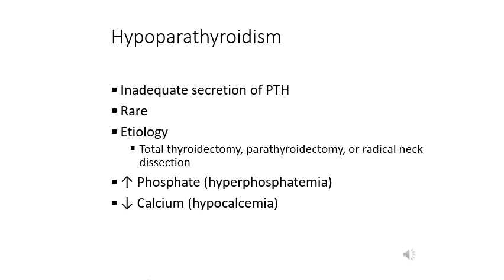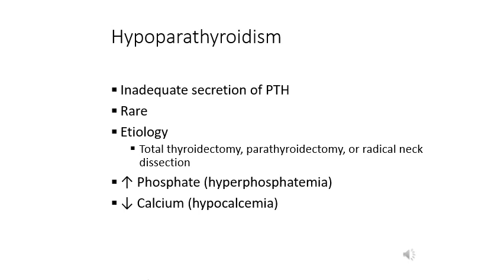So automatically with hypoparathyroidism, hopefully you can see that there's going to be a low calcium, hypocalcemia, and therefore hyperphosphatemia. Those are the two big things with hypoparathyroidism. But if you know what the parathyroid hormone does, then you can learn, rather than try to memorize, that there's going to be a low calcium and then a high phosphate.